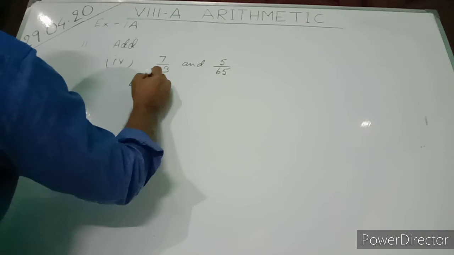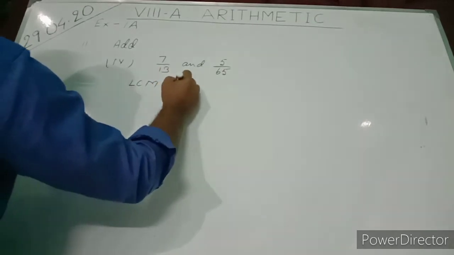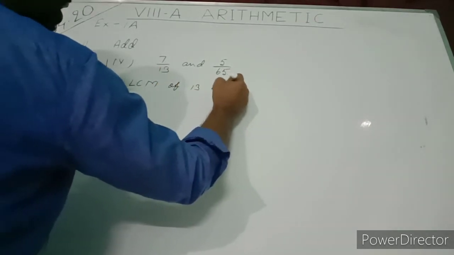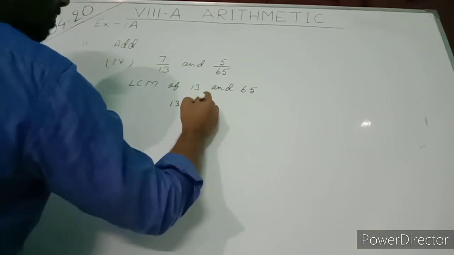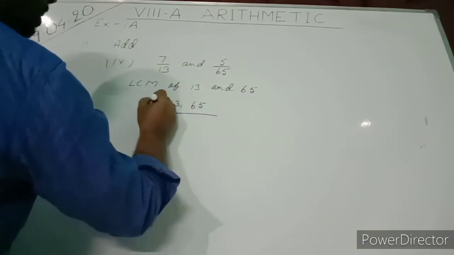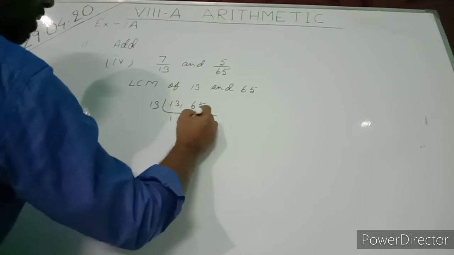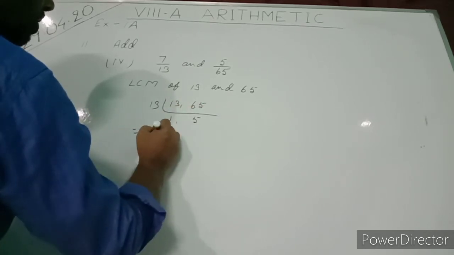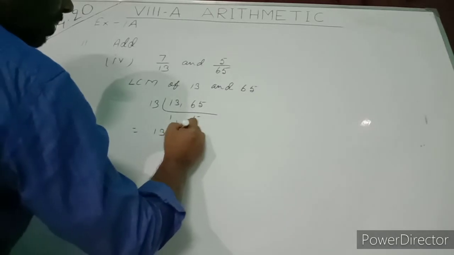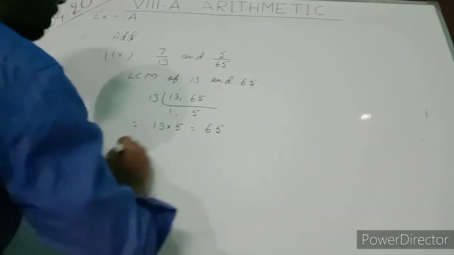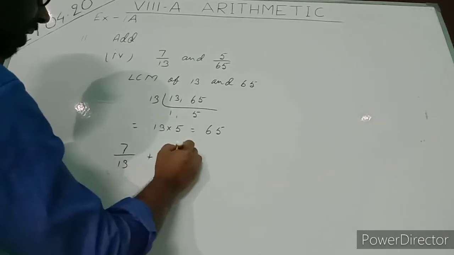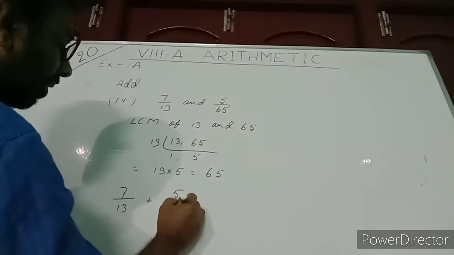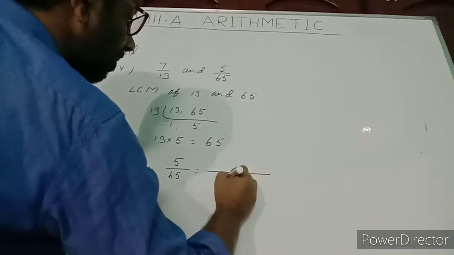So we take the LCM of 13 and 65. We are getting the LCM divisible by 13, 1, 5. So that is equal to 13 into 5 equal to 65. So LCM became 65. So 7 by 13 plus 5 by 65 equal to, LCM 65.